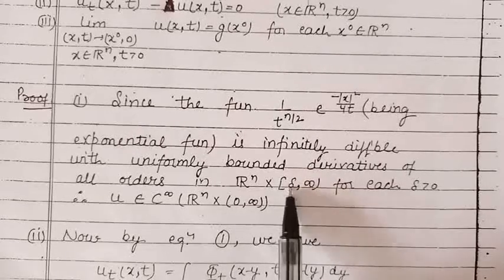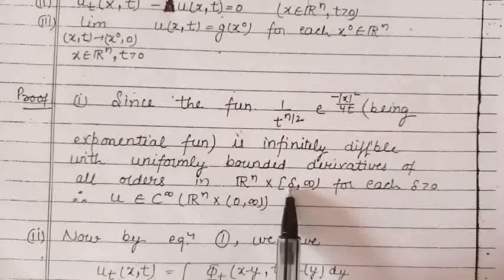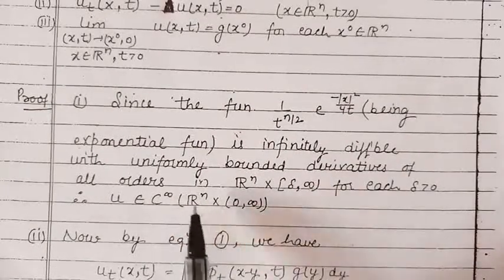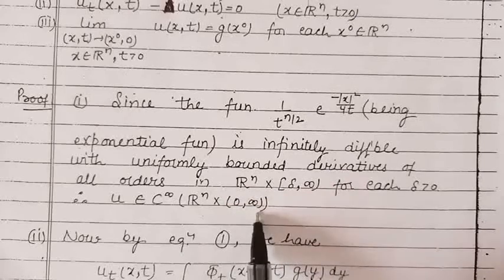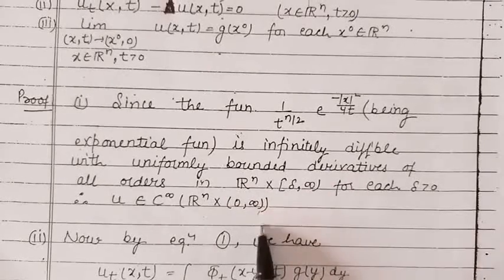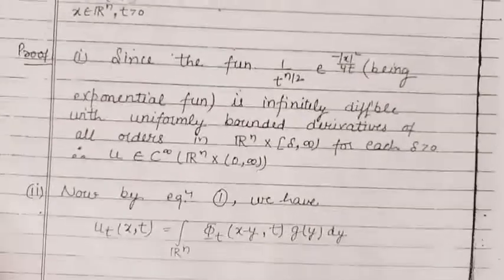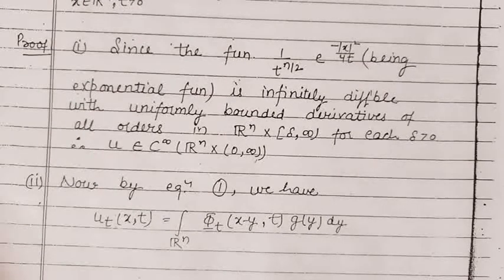Here delta is positive. So we can say that the function u is infinitely differentiable on Rn cross the open interval 0 to infinity.